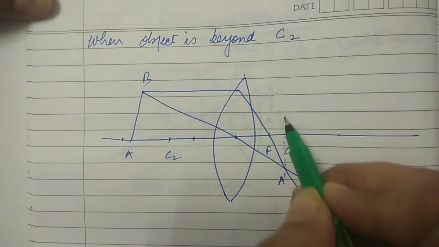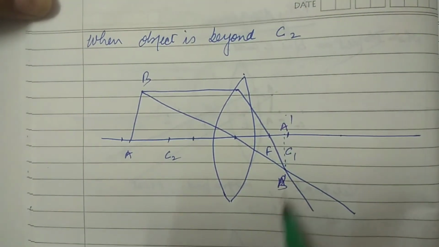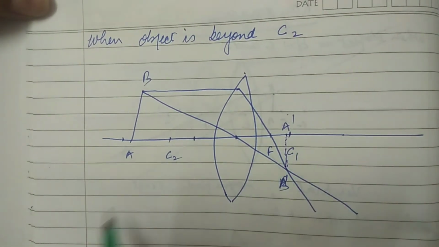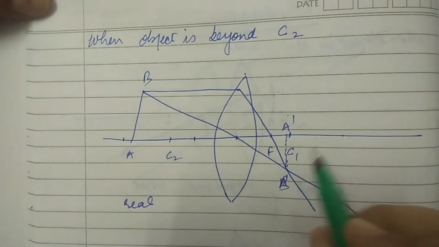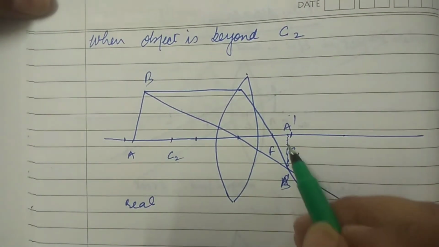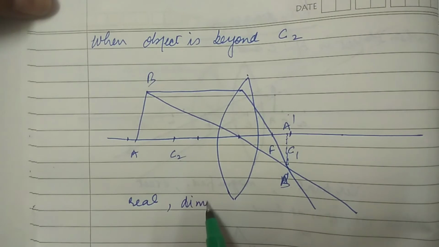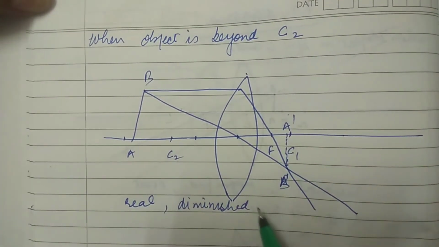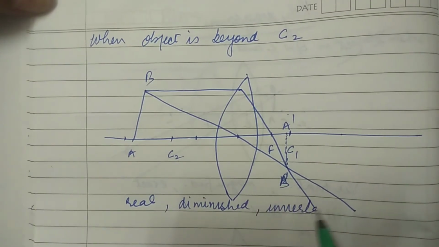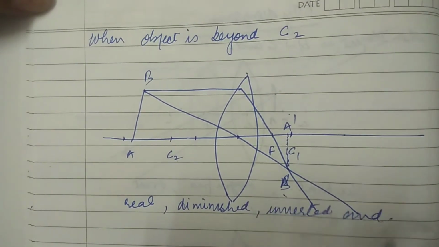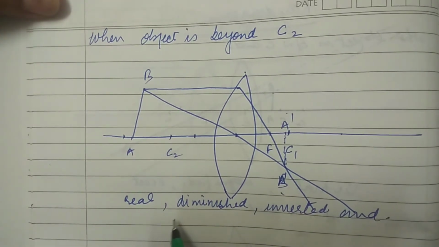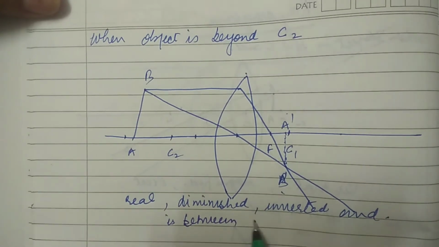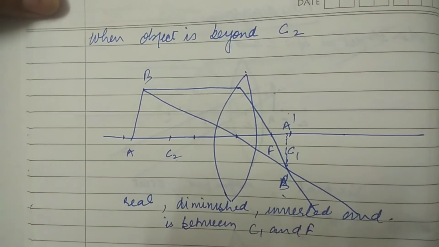So this is A dash B dash. Now you can see the image is real. It is a little bit smaller, so we can write diminished image, and it is inverted, and it is between C1 and F.